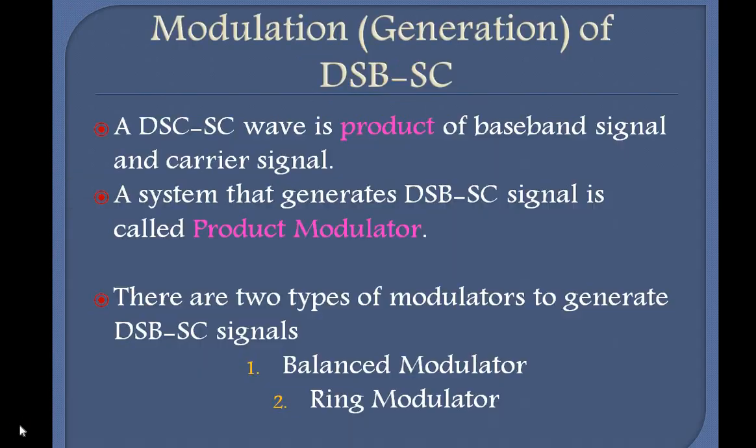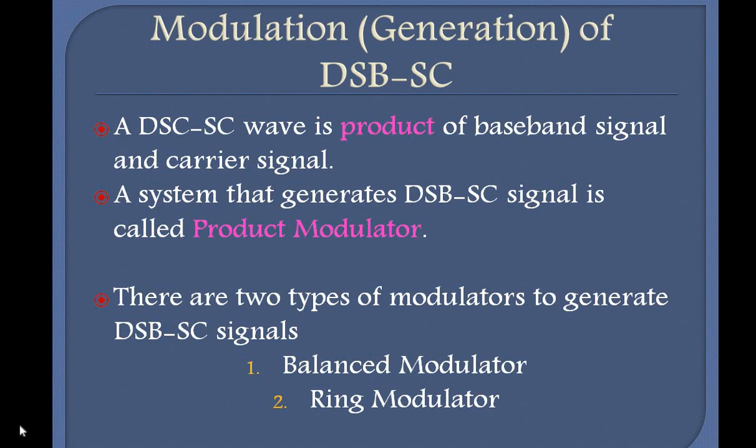DSB-SC signal generation. You have to see the modulation techniques or the generation techniques to generate your DSB-SC signal. What is a DSB-SC signal? It is nothing but double sideband suppressed carrier. So what are you going to suppress here? Here you are completely reducing your carrier signal, because we had a disadvantage in amplitude modulation that the power is mostly used to carry the carrier signal, but the power required for the message signal is completely utilized by the carrier signal.